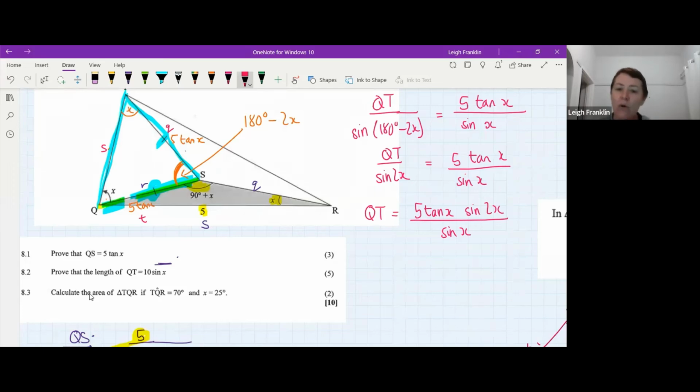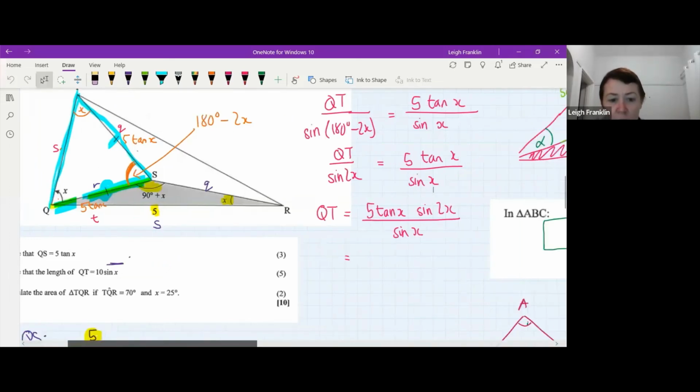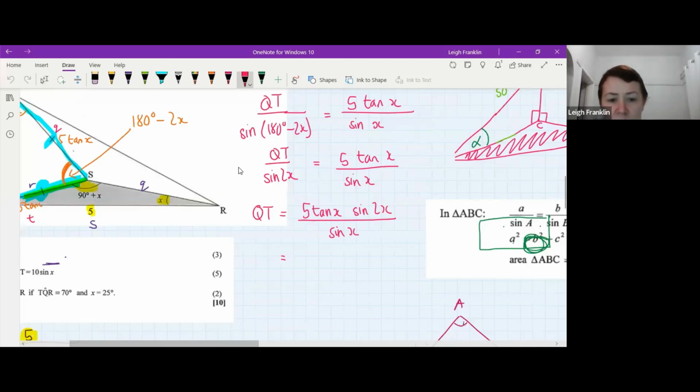All right, and now we need to use some identities. Okay, remember tan x can be written as sine x over cos x. Sine 2x can only be written as 2 sine x cos x. So let's do that. Now let's apply those identities. These are our formulae that are not given, that we have to study. So we've got 5 sine x over cos x times 2 sine x cos x, and that's all over sine x.